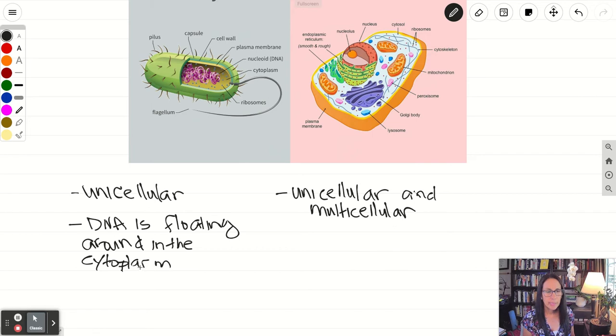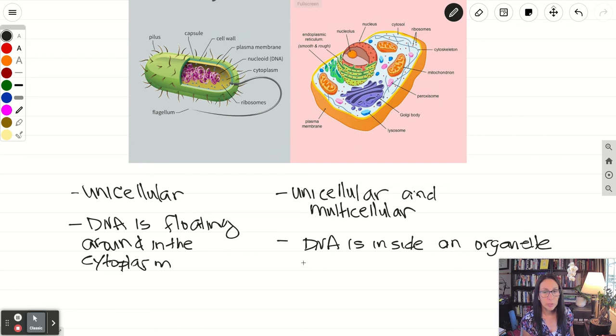And in eukaryotes, the DNA is held inside a compartment called a nucleus. So DNA is inside an organelle called the nucleus.